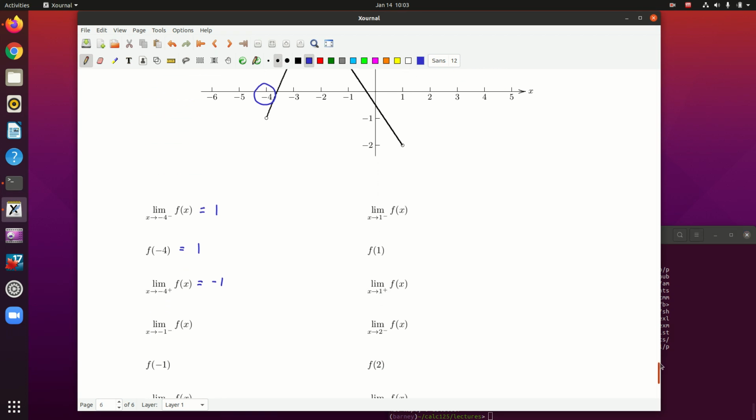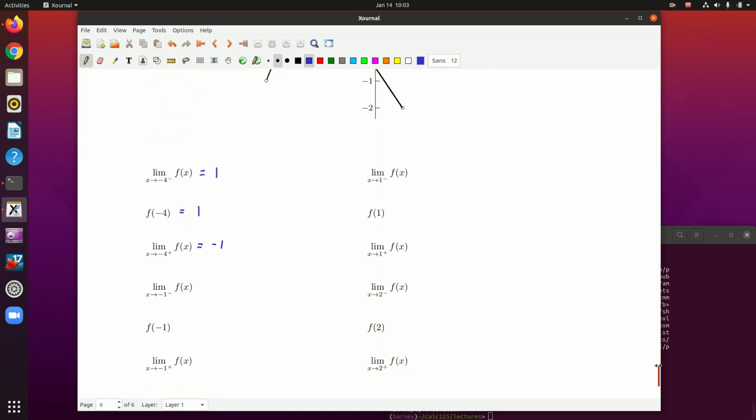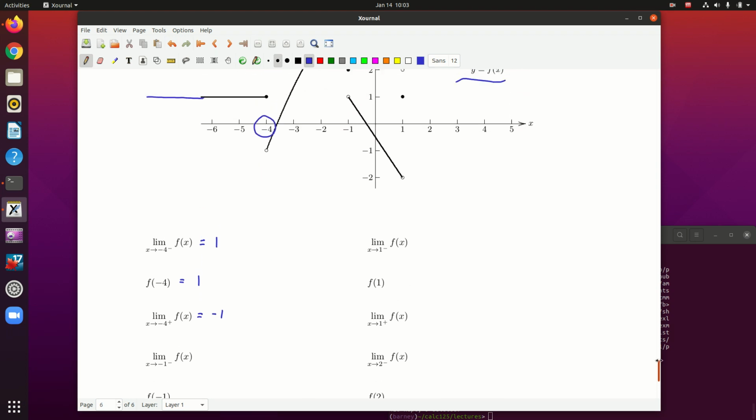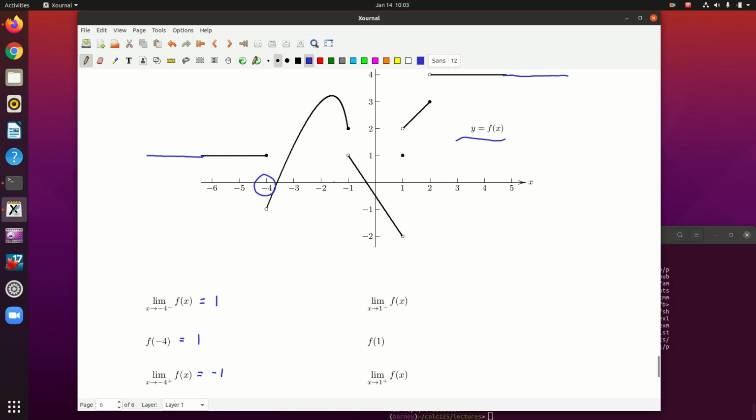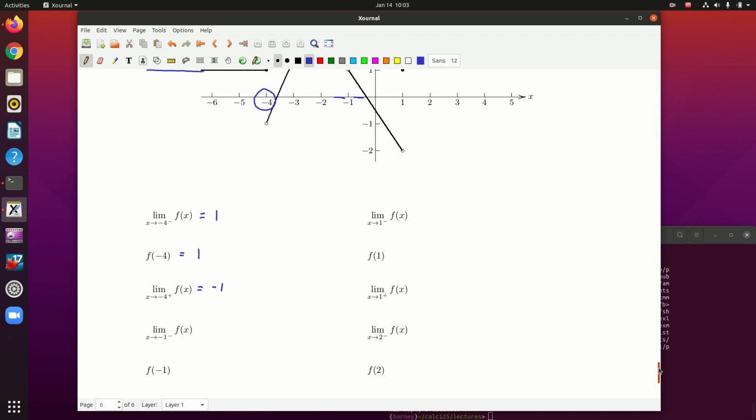So the next thing we care about is what happens at -1. So let's go up and see. At -1, if you approach from this side, you're going to get 2. Approach from this side, you're going to get 1. And the value of the function is 2.